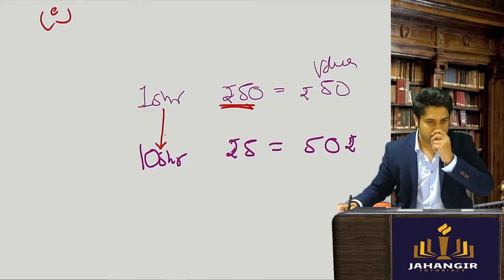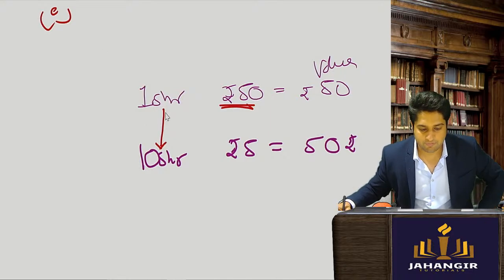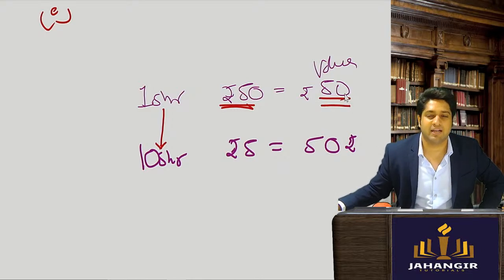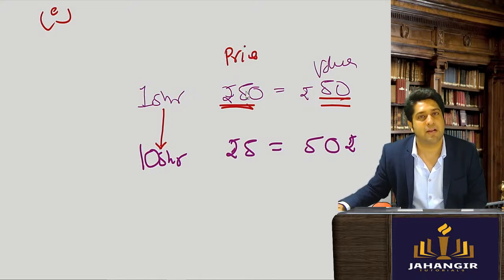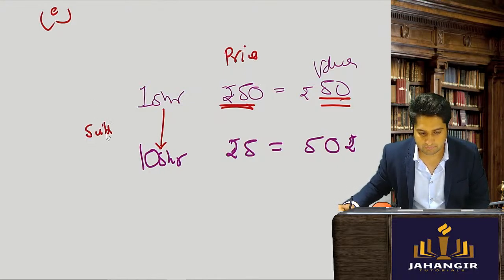The thing is, if one share is of 50 rupees, the value is 50. Company might realize that 50 rupees, the price is too high. In the market, people are not paying 50. So what they can do is they can choose to subdivide.